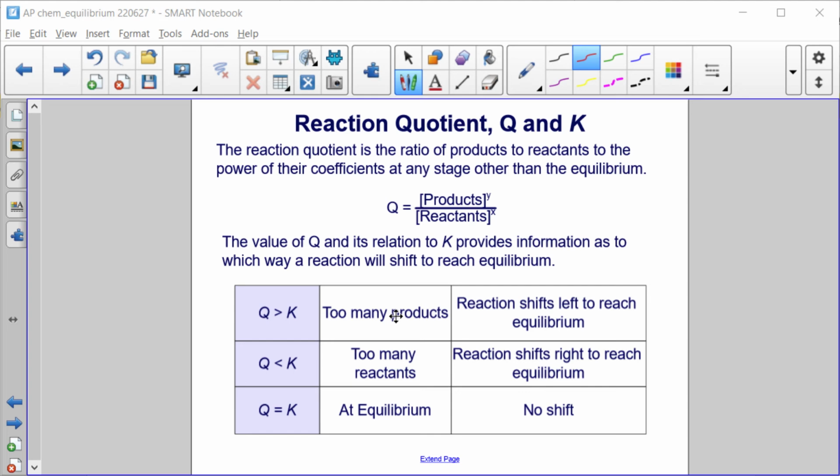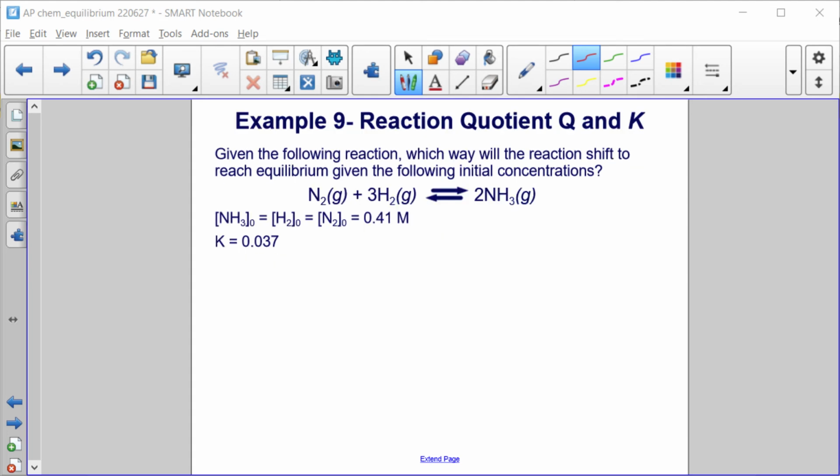If Q is less than K, then we have too many reactants, and the reaction will shift right toward the products to reach equilibrium. If Q is equal to K, that means the reaction is at equilibrium, and then there will be no shift.